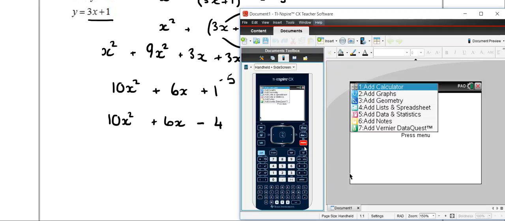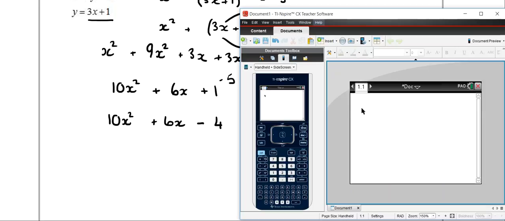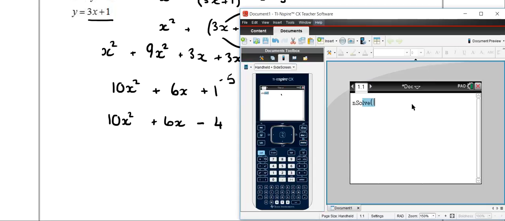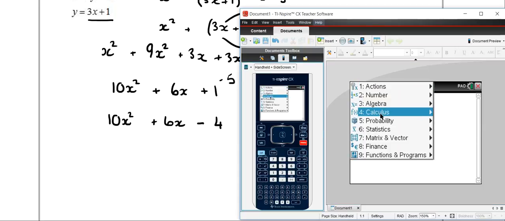Menu. You have to go to Add Calculator. Menu.